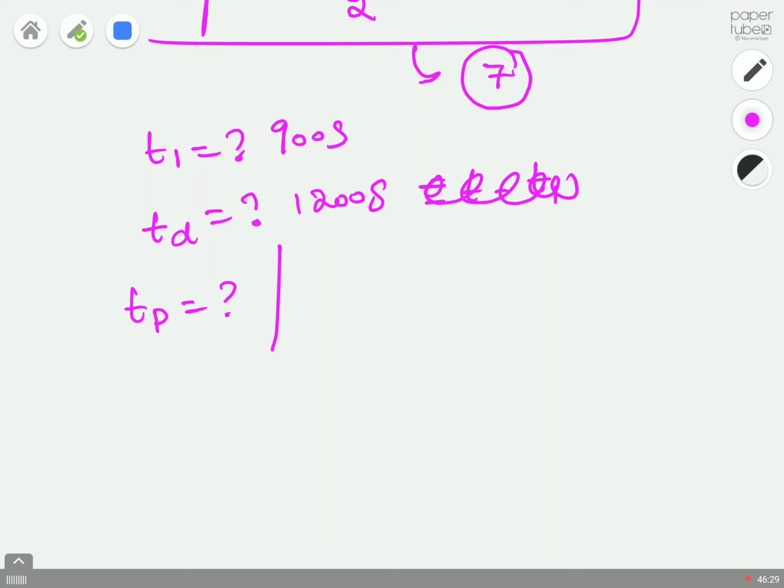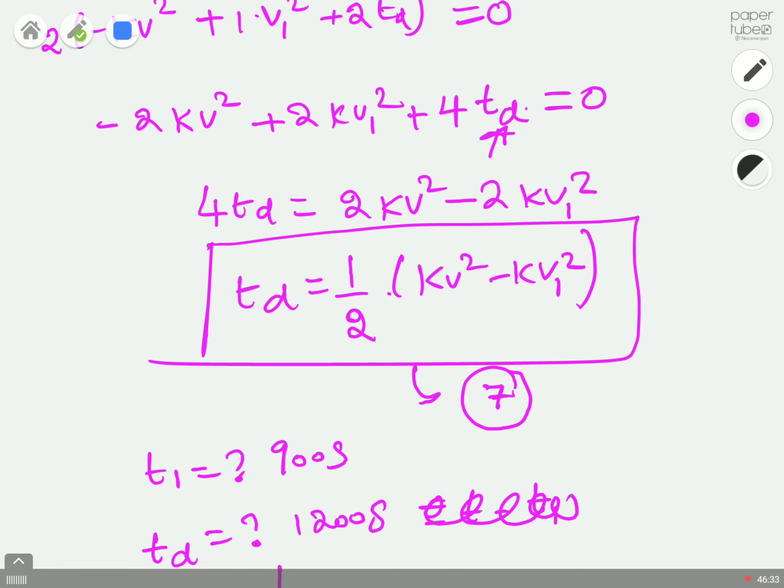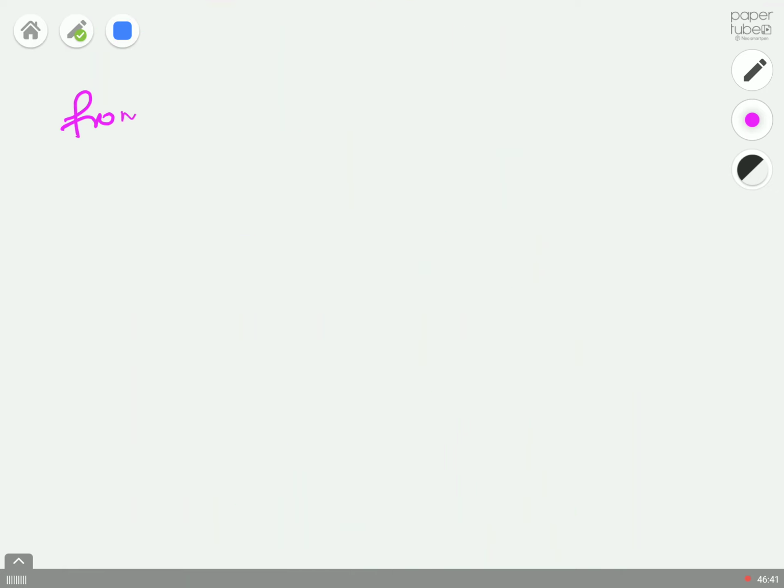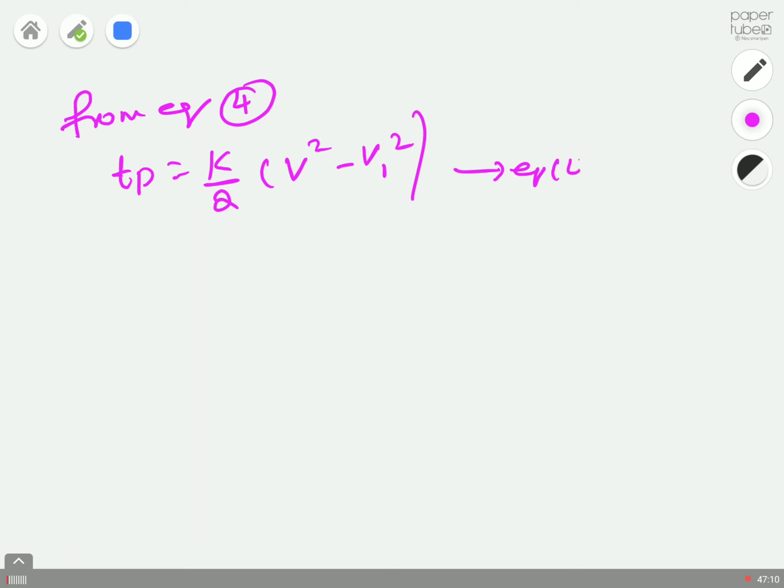TD is equal to half of kV square minus kV1 square, I'm just reading equation 7. And from equation 4, we have TP is equal to k by 2 times V square minus V1 square. This is your equation 4, which you already solved.